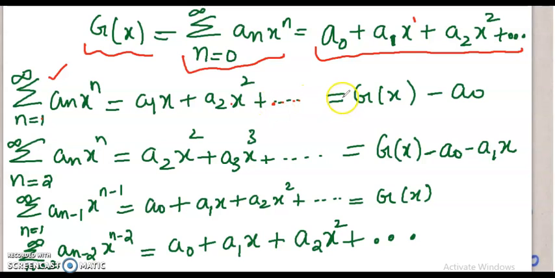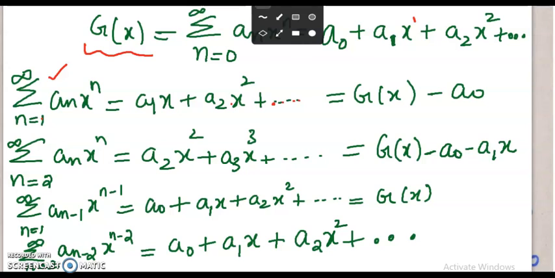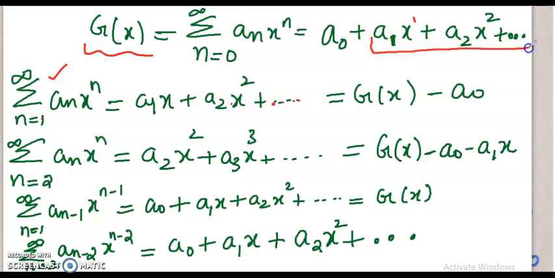Now this is equal to a1x plus a2x square plus etc. So you see in g of x, what is missing here is a0. You can take this a0 to the other side.